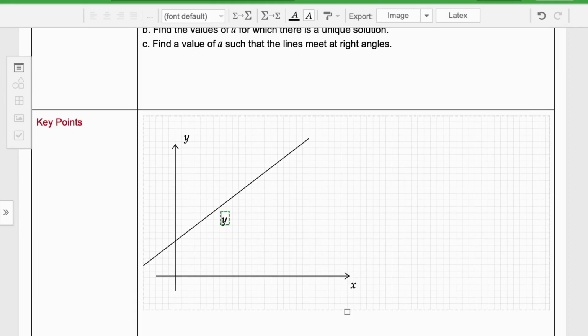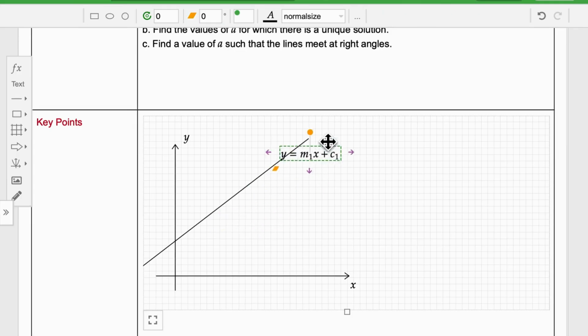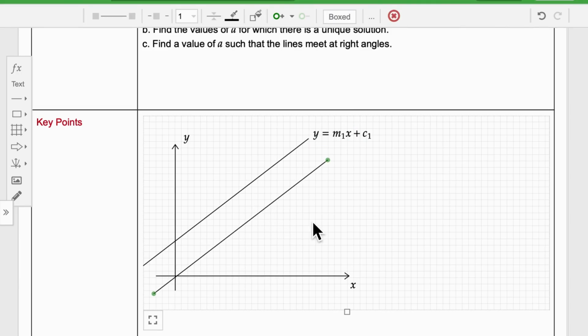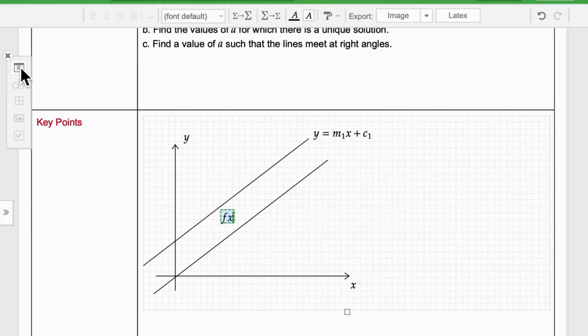So y equal to m1x plus c1. Now from here I will also draw a second straight line, and because this is a straight line, it will also have the equation of y equal to m2x plus c2.